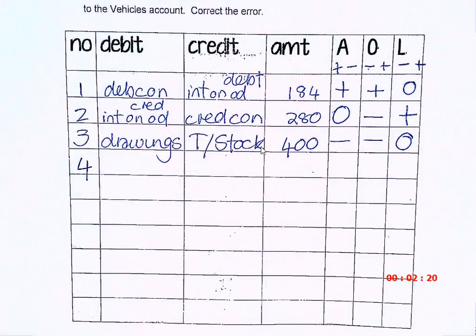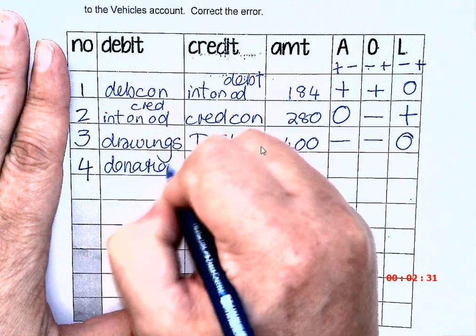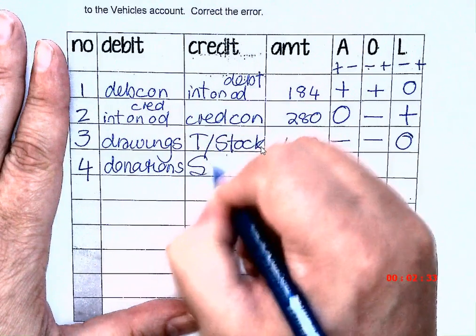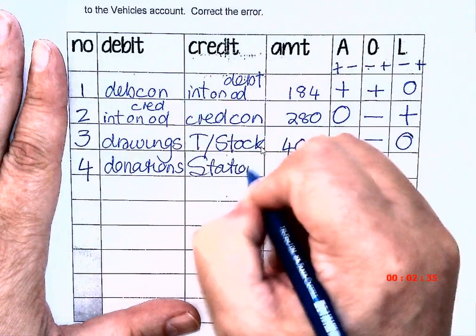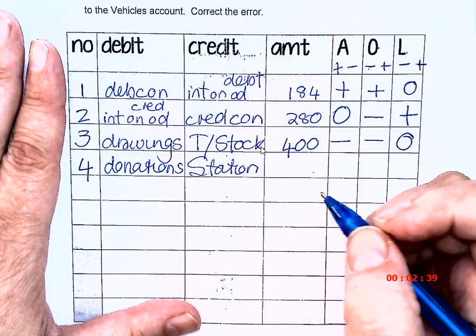So number 4, the owner takes goods, we've done that, donate stationery. So it's going to be donations, stationery. Yes. Then for number 3, by trading stock, even if you wrote merchandise, it's still fine.